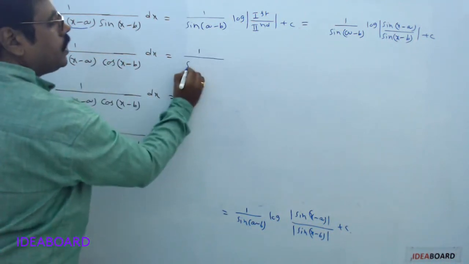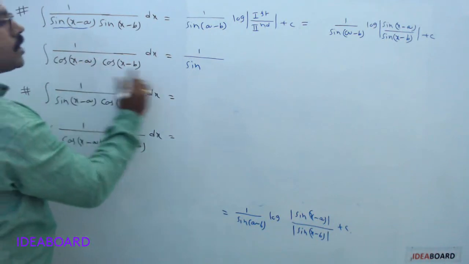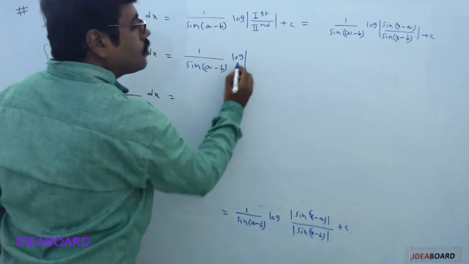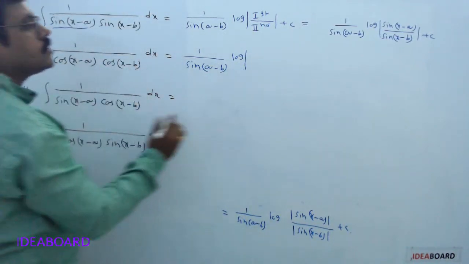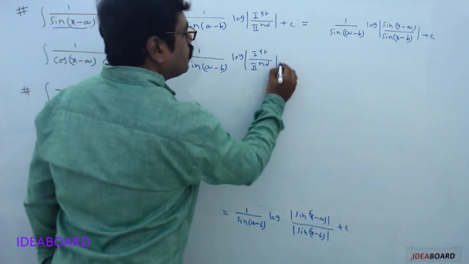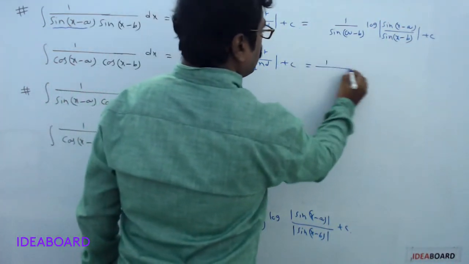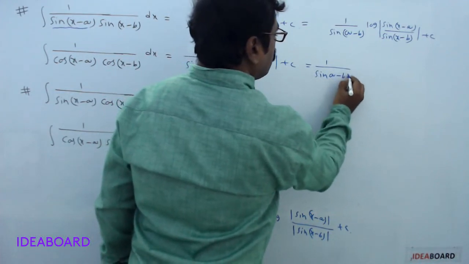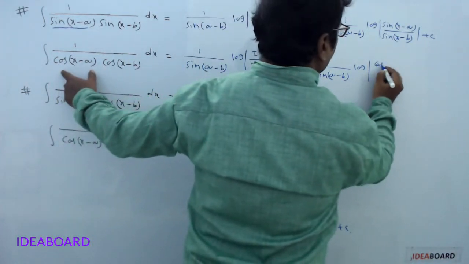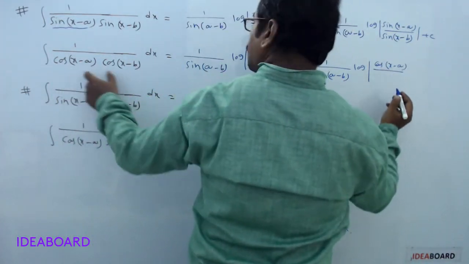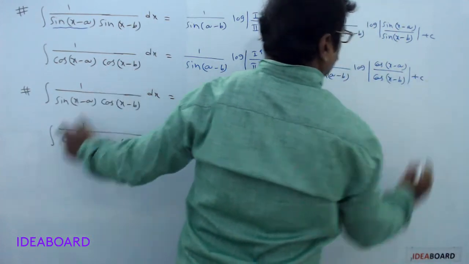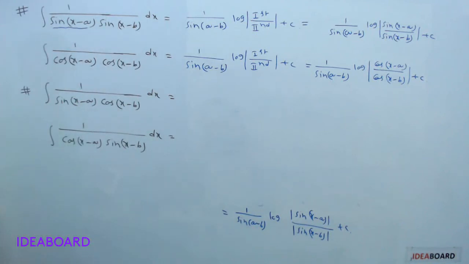This is 1 divided by sine of the difference of angles in the denominator, that is sine of a minus b, into log mod first term divided by second term, plus c. Which is the same as 1 divided by sine of a minus b into log mod, where the first term is cos of x minus a divided by the second term cos of x minus b, plus some constant c.